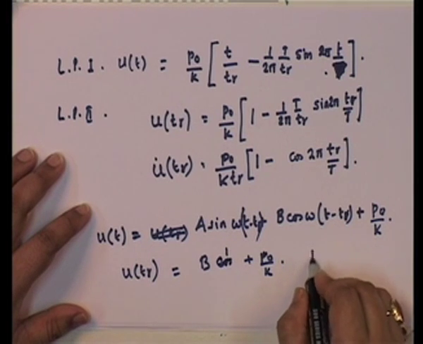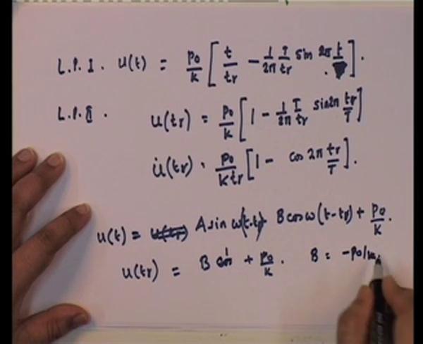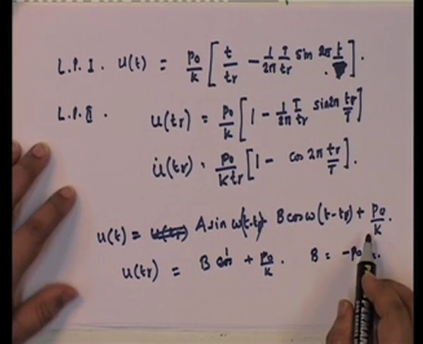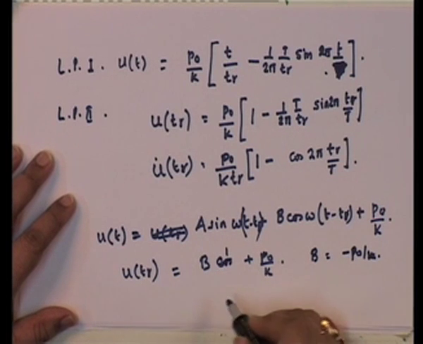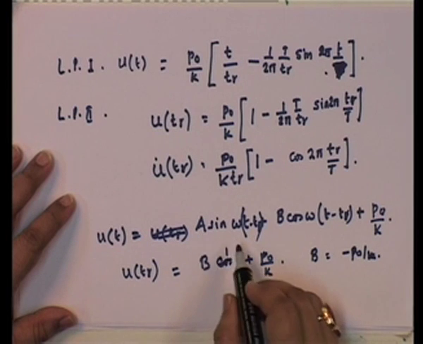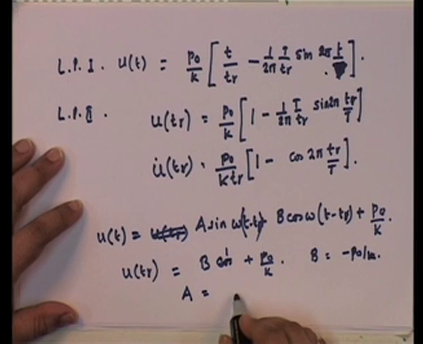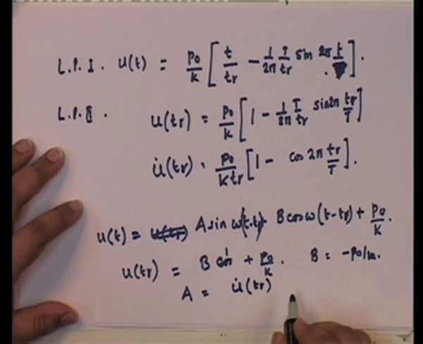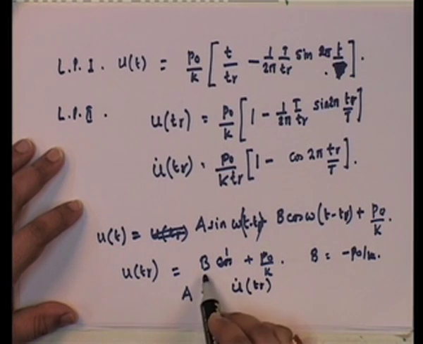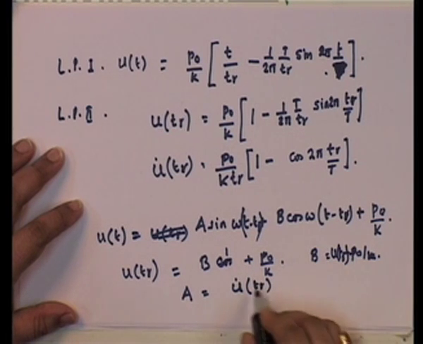So, your B is equal to minus p_0 by k, and if you look at differentiation, this becomes sine, this disappears. So, this one becomes what? A is equal to u̇ t_r, I am sorry, B becomes u(t_r) minus p_0 upon k, and this becomes u̇(t_r) upon omega.